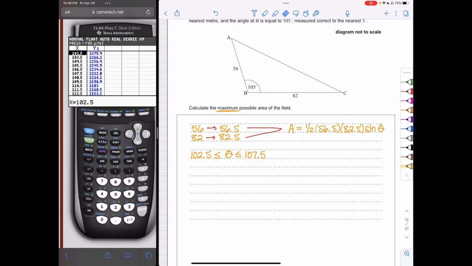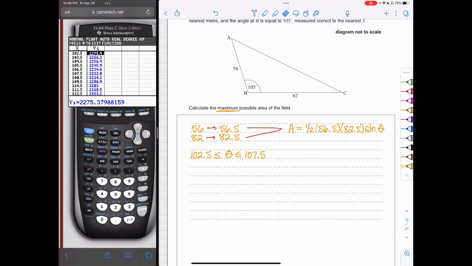So as you can see here, from 102.5 to 107.5, I see that my highest area between here will end up being 2,275, approximately that amount.